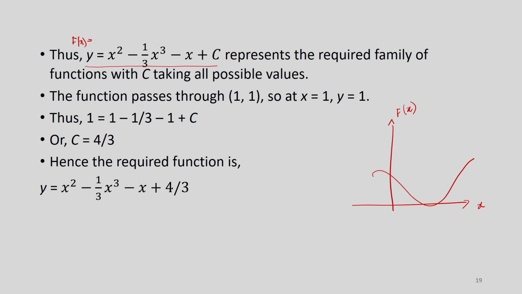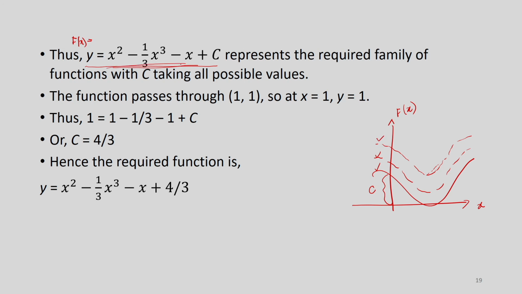Now, since C is undefined, this function could as well have this position, depending on what the value of C is. Because as you can see, if I put x is equal to 0 here, then the value of the function becomes C. But C is unknown. So, depending on the value of C, you have different positions of the function.